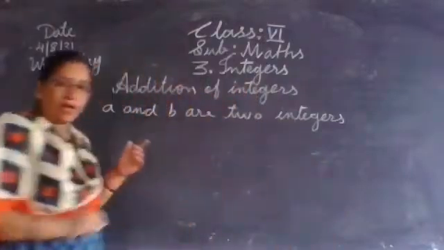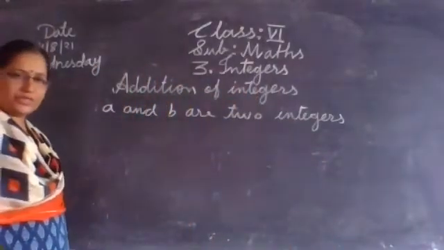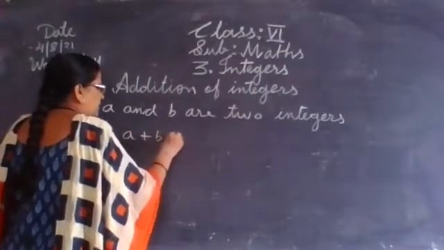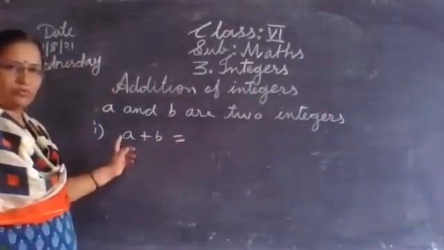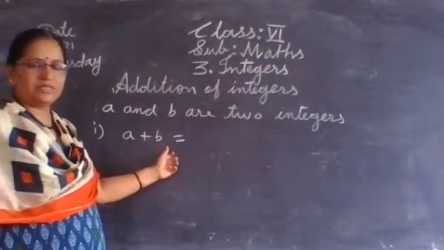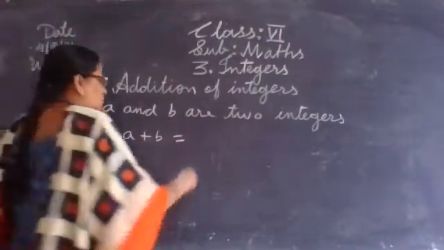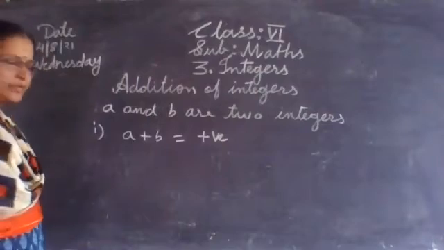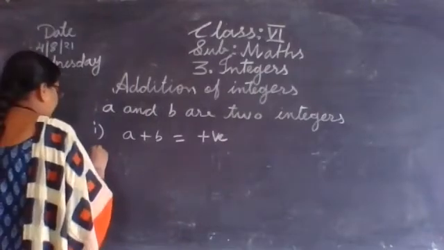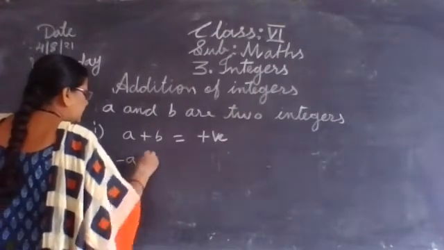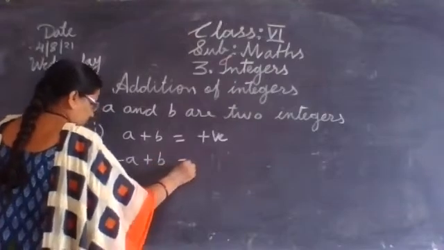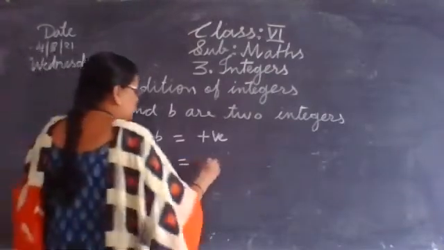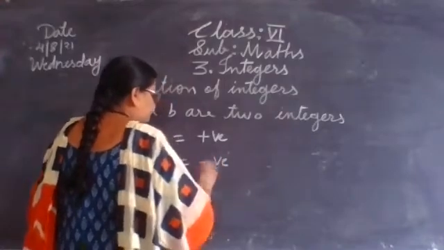Now if both A and B are positive integers, means A plus B, when both the integers A and B are positive, your answer is positive. Second, if one integer is negative and another is positive, your answer is negative.